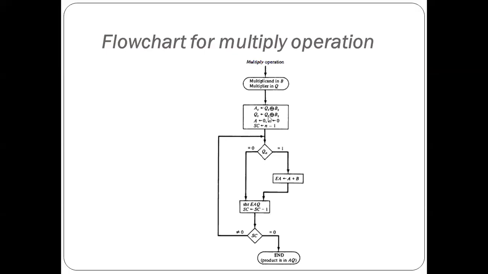Now every time we start with the Qn least significant bit. We inspect that bit, whether it is 1 or 0. If it is 1, we perform addition. Whatever extra bit we get due to this addition in the form of carry is available in E. And that EAQ is shifted right by 1 bit.